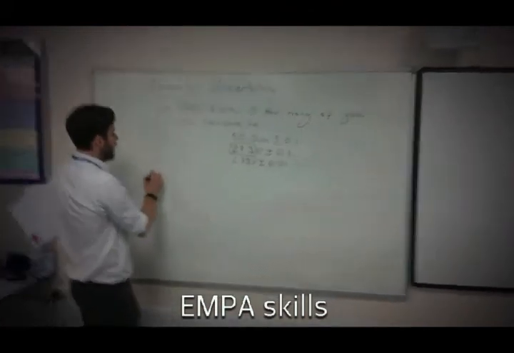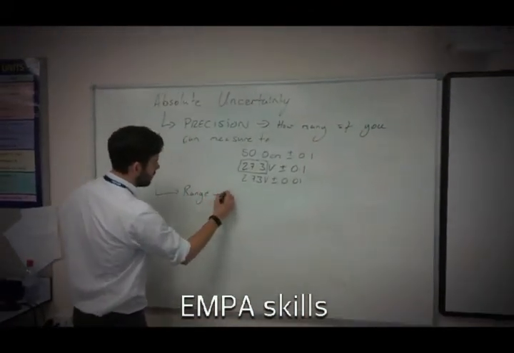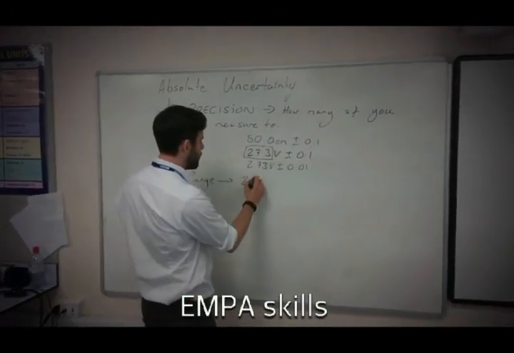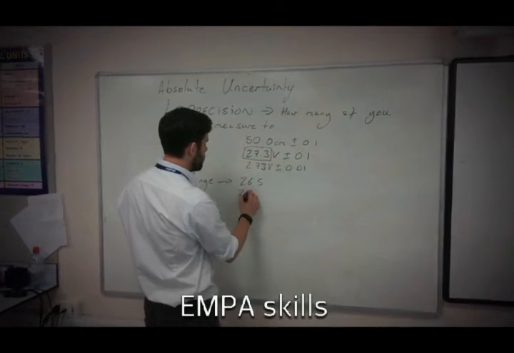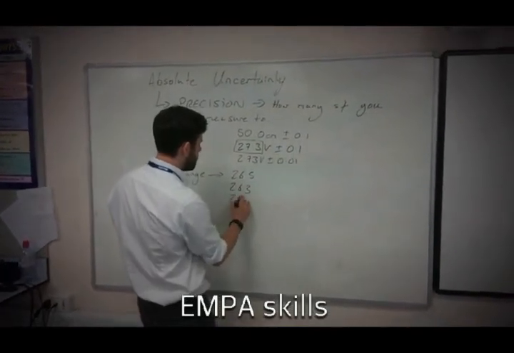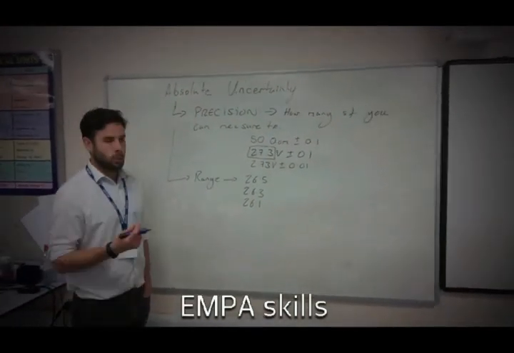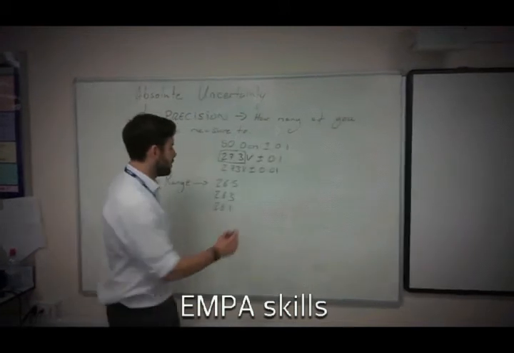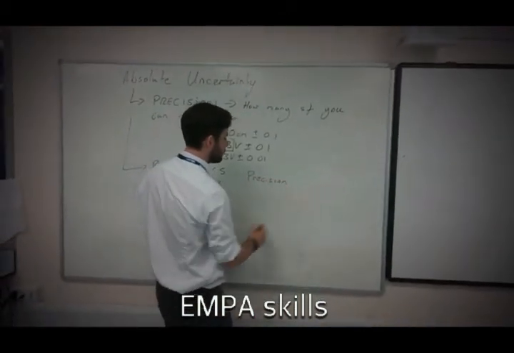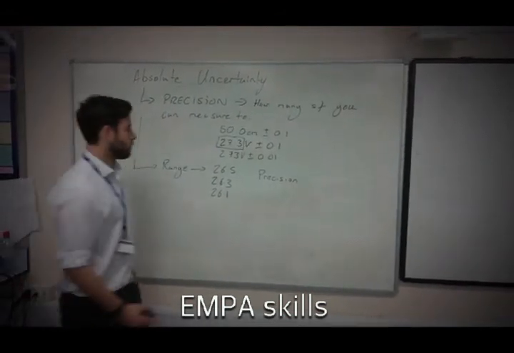Right. If we have a range, it's slightly different. So let's say I've got three readings. I've got 26.5, 26.3, and 26.1. Keep it nice and easy. To work out that uncertainty, the precision is going to be what, Levi? Plus minus 0.1. Right, good.